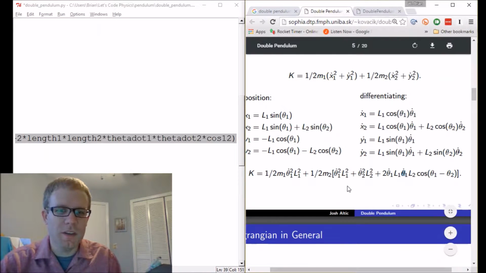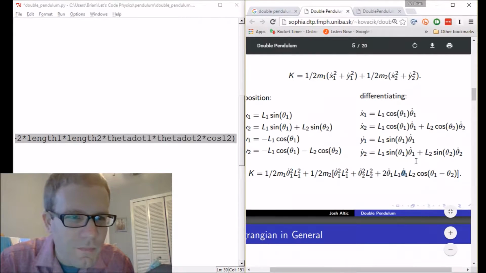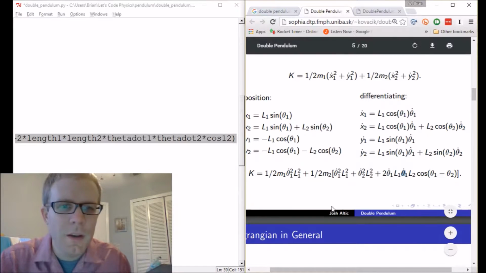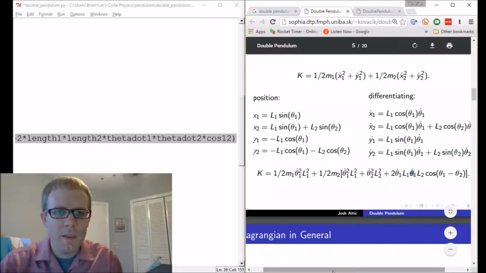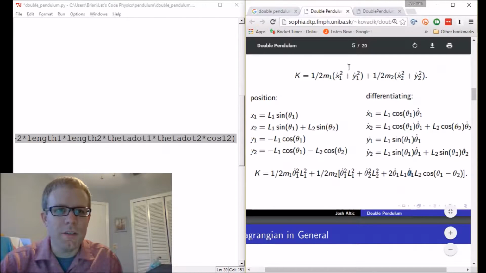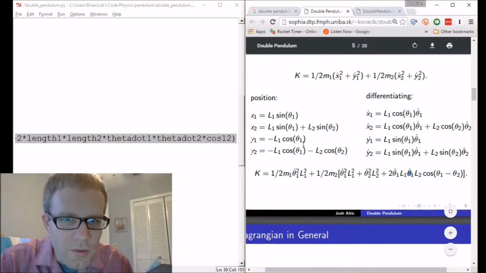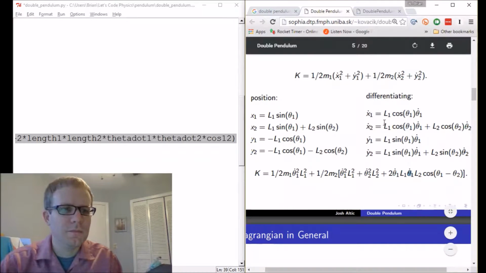That might be the source of the problem below. Right, because the whole idea is to take x1 dot squared plus y1 dot squared, and these are the dots over here.